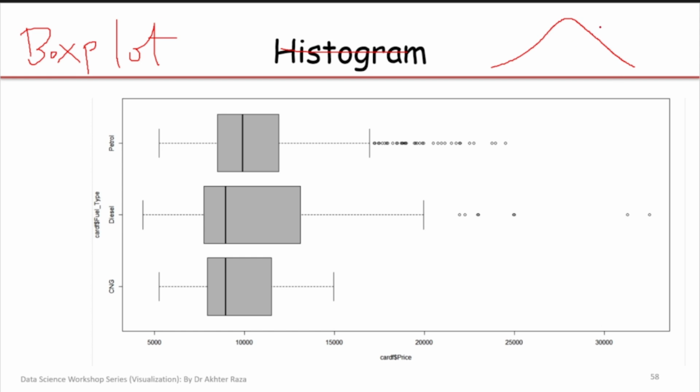We are assuming for some of the statistical procedures we need the data to be normal. But this data of prices is not normal. So there is a technique in mathematics and statistics, and that technique is called transformation.